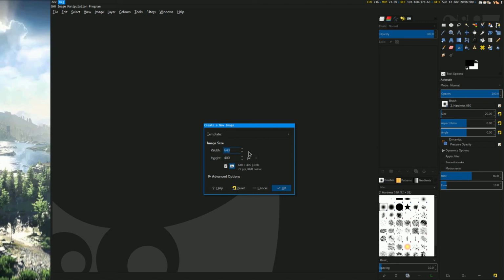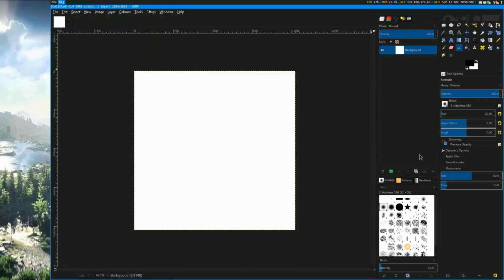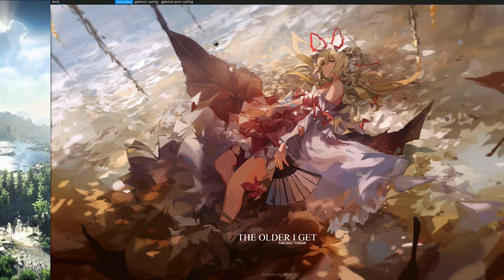So what I'm gonna do is let's make a 1024 by 1024 map, and then, oh, I hate GIMP. Let me boot up Photoshop.